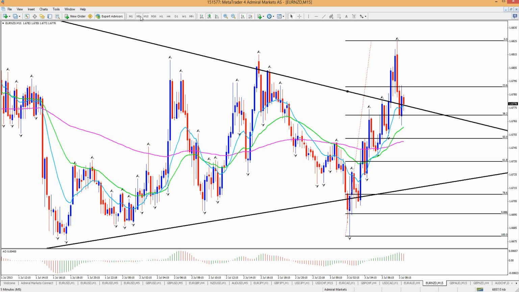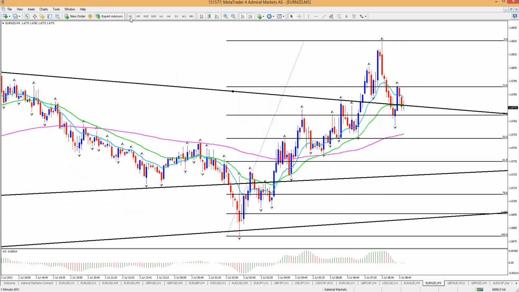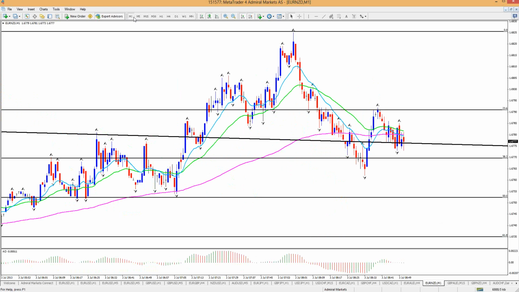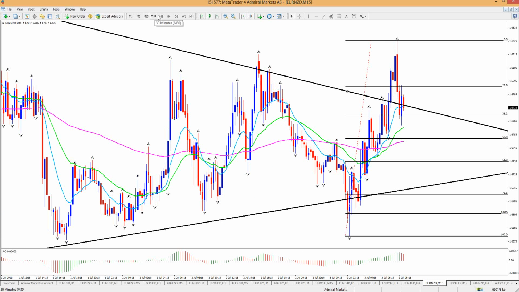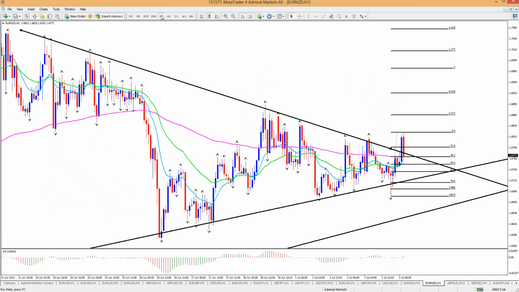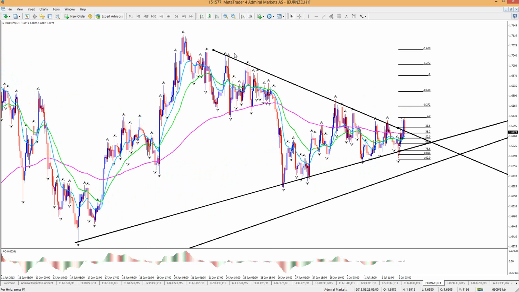There's more likelihood of continuation. Looking like a good break.